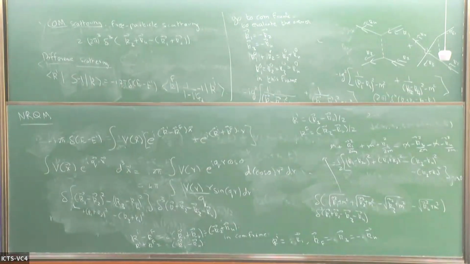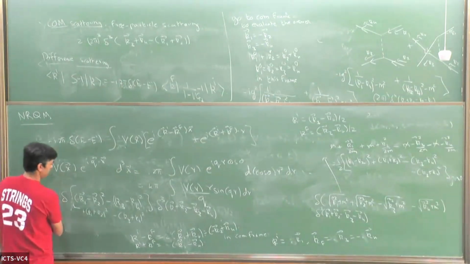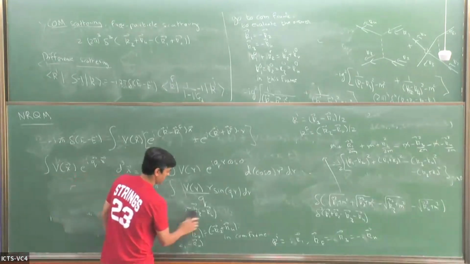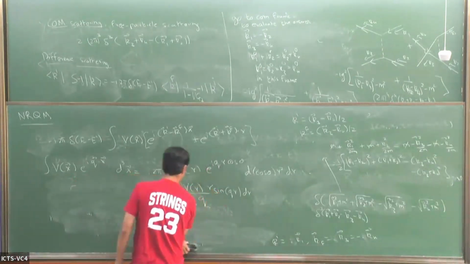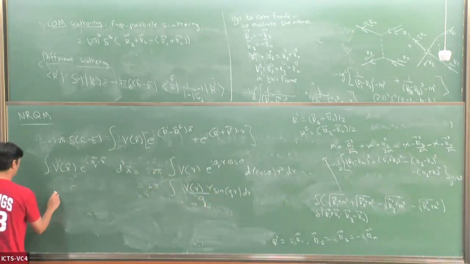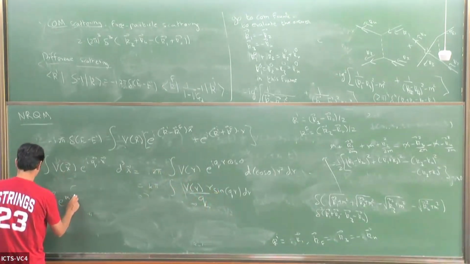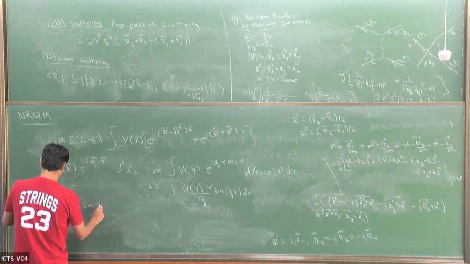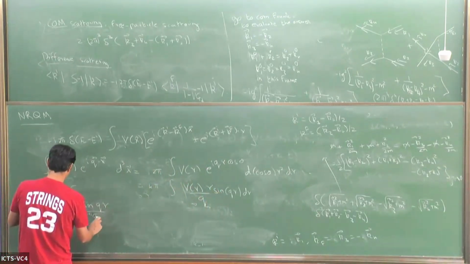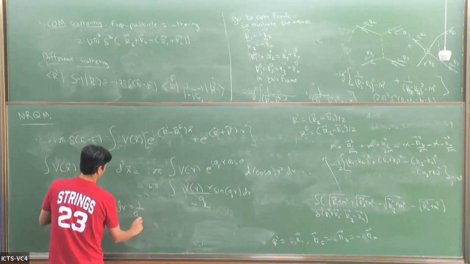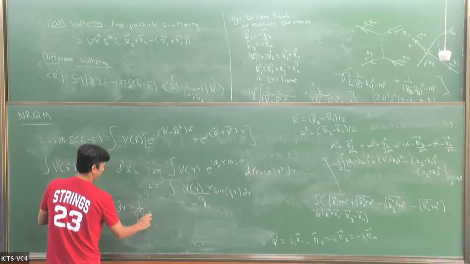Now we have the following identity: the integral of e to the minus mr by r into sine qr by q dr is equal to 1 by q squared plus m squared.